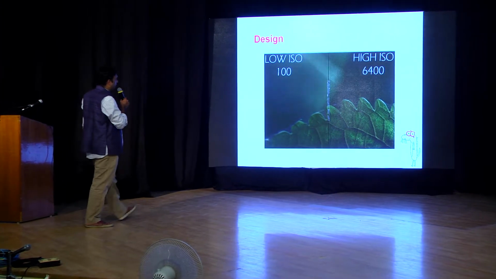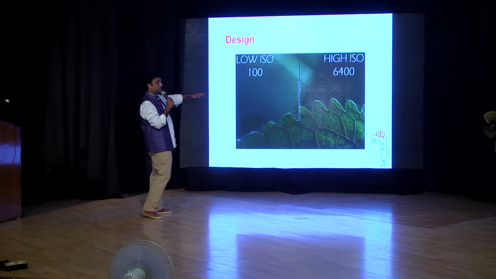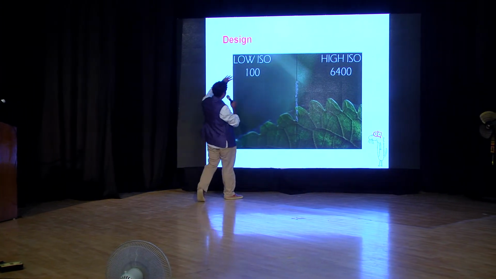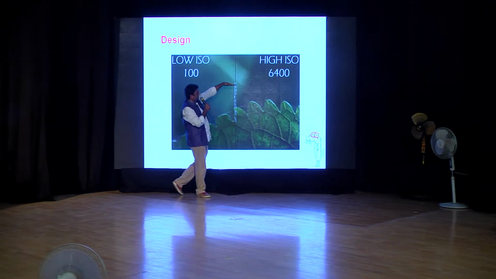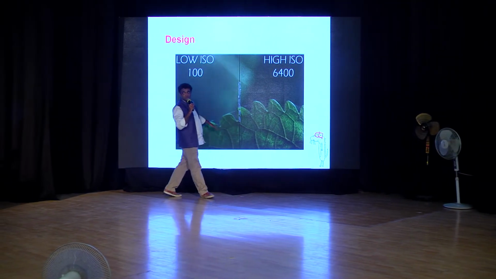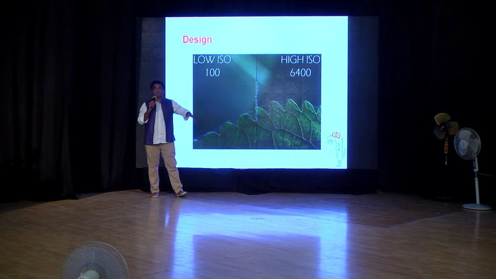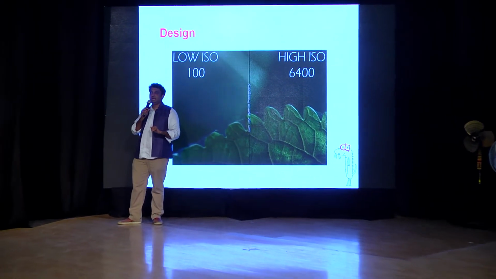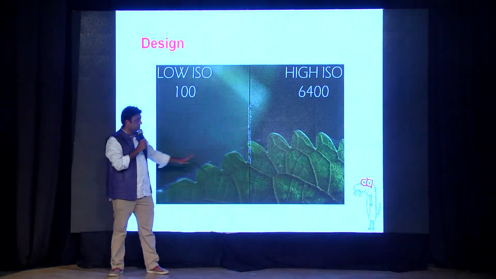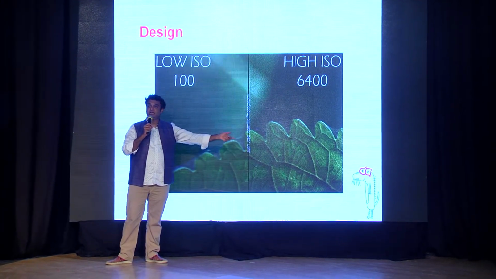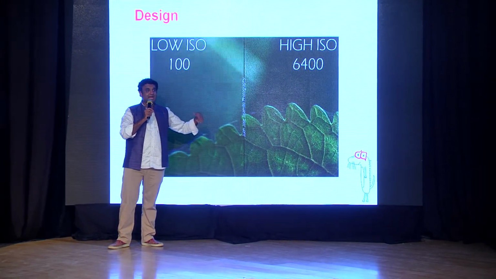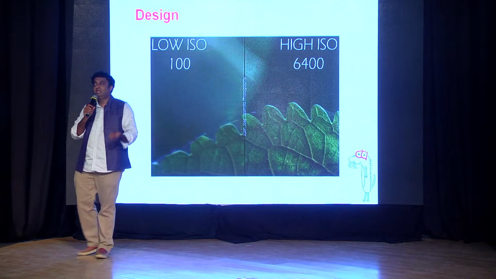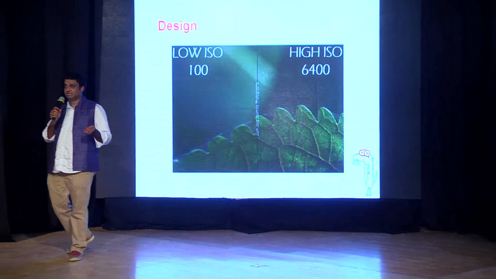So you'll see low ISO, high ISO. Obviously you won't have these numbers here, you'll only have the picture. So they're not going to ask you direct questions like, what is ISO? They're going to show you things and ask which has a higher ISO value or lower ISO value. And unless you have really understood, you'll not be able to answer it.